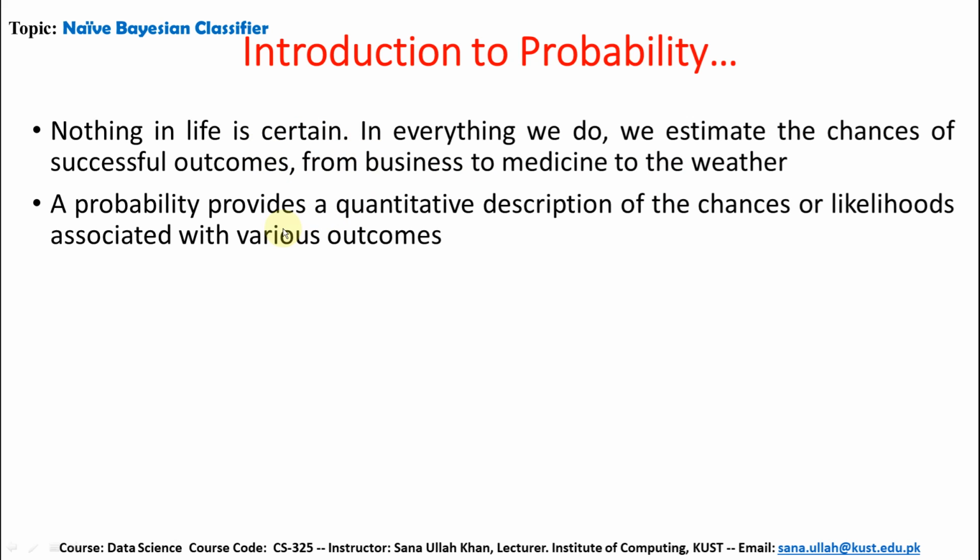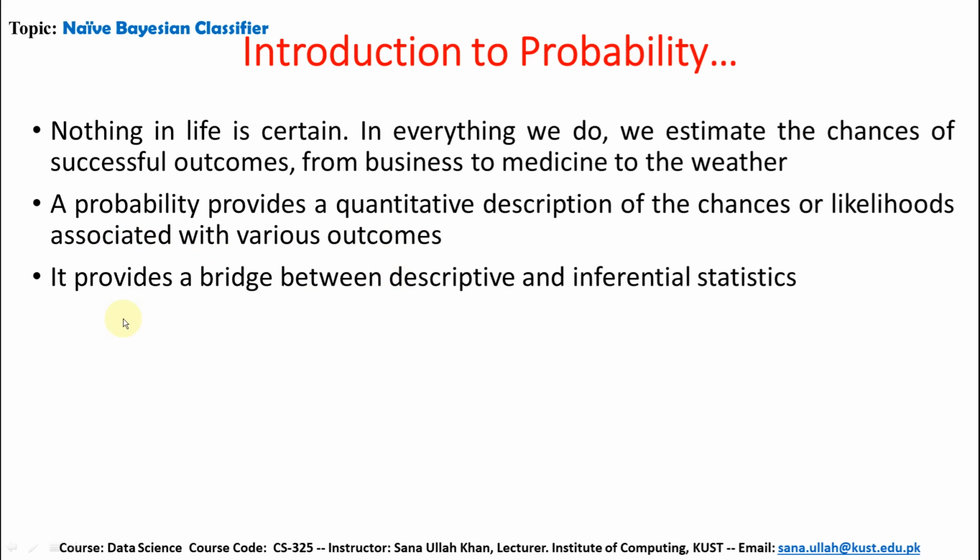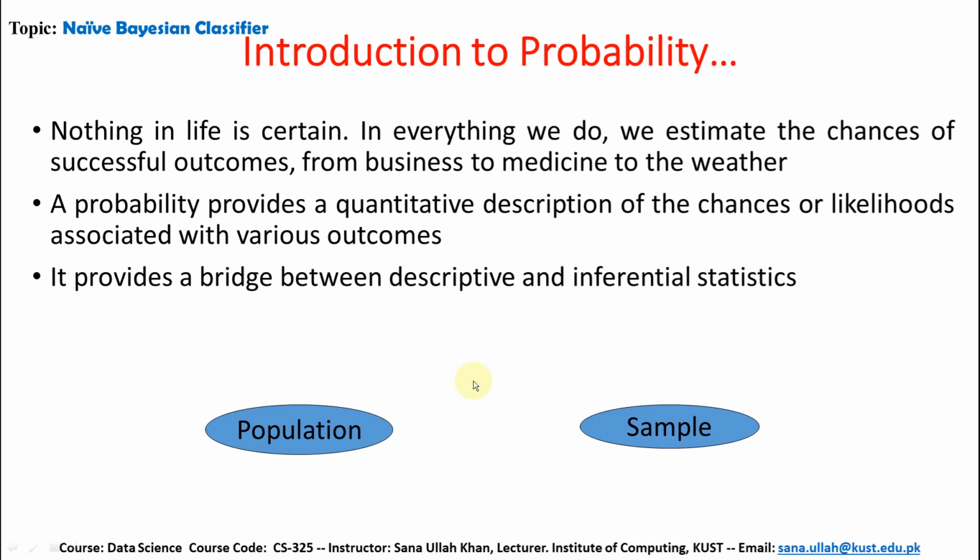So a probability provides a quantitative description of the chances or likelihoods associated with various outcomes. It provides a bridge between descriptive and inferential statistics. Let's suppose this is a population and this is a sample.